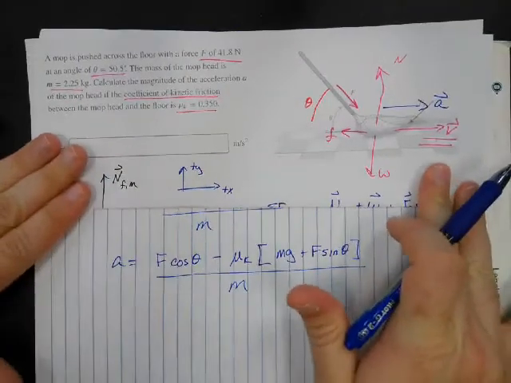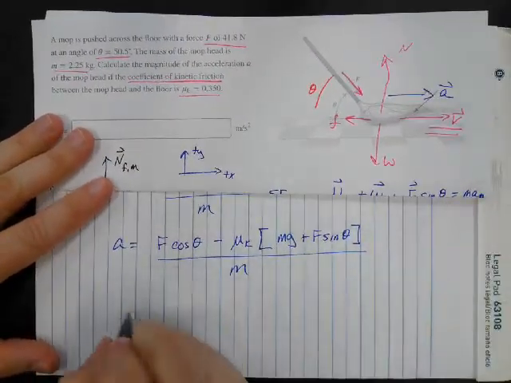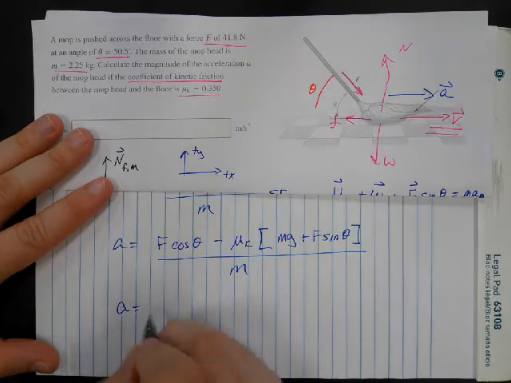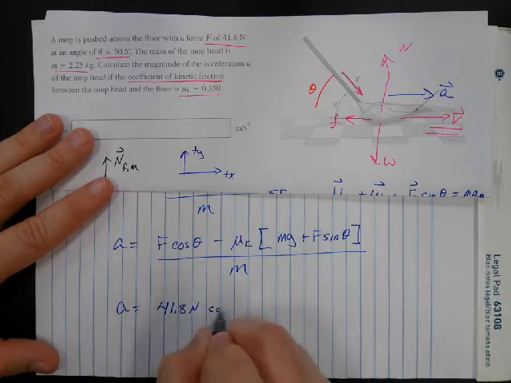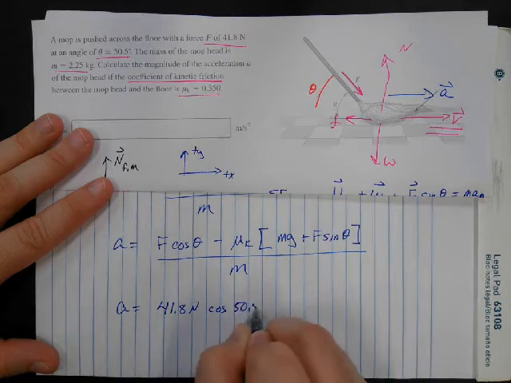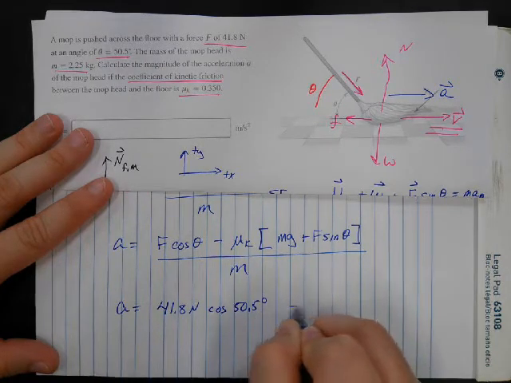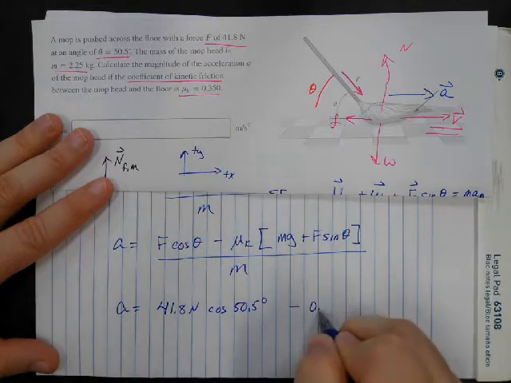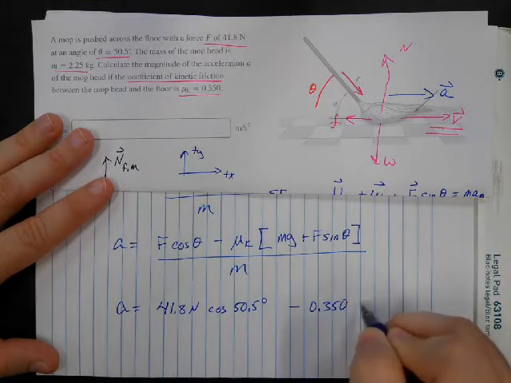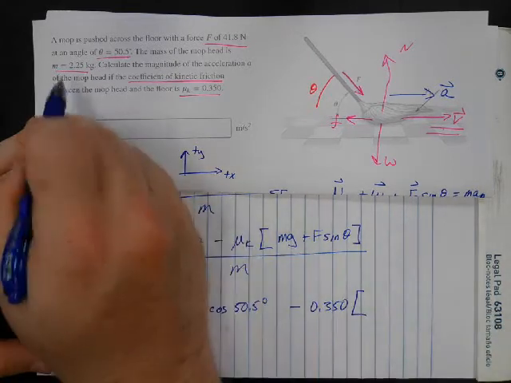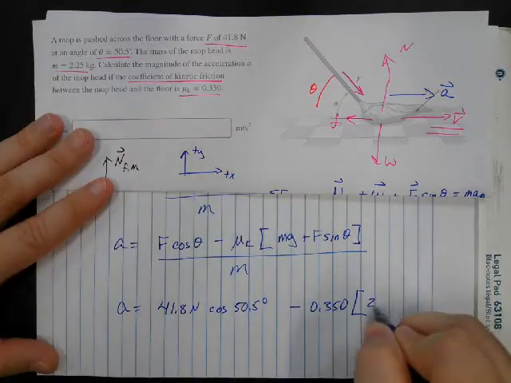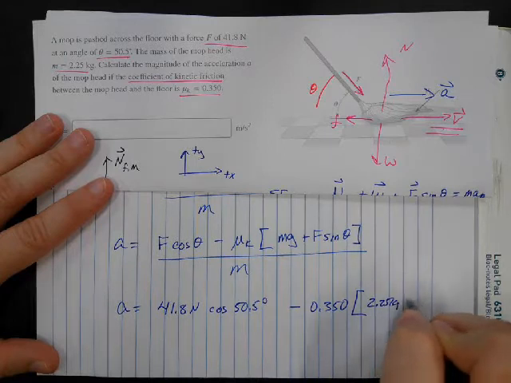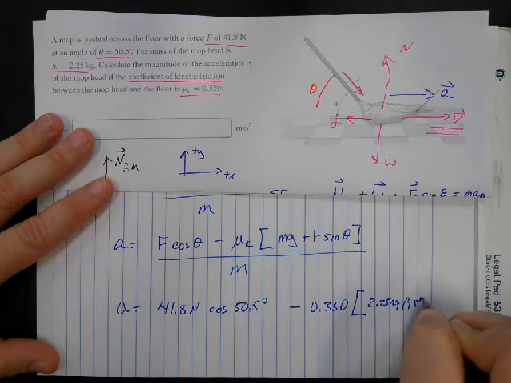So what we have here, go back to our numbers. Our acceleration looks like 41.8 newtons cosine 50.5 degrees minus, and then our 0.350. Then we have our mass, 2.25 kilograms times 9.8 meters per second squared.